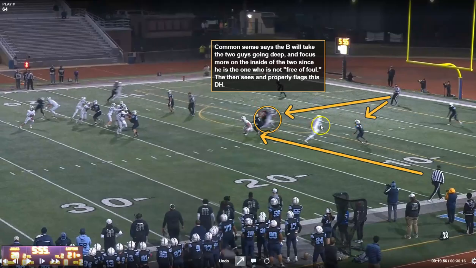So the back judge is going to pick up both of those receivers, but he's going to focus more on this inside one because that's the one who is not free of foul. They're at a mesh point where there's contact. We could have a defensive hold, which is what we're going to see here in a second. Since this receiver broke off his route short, then this line of scrimmage official can be watching him. All right.